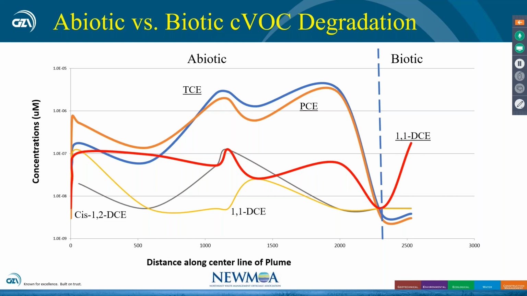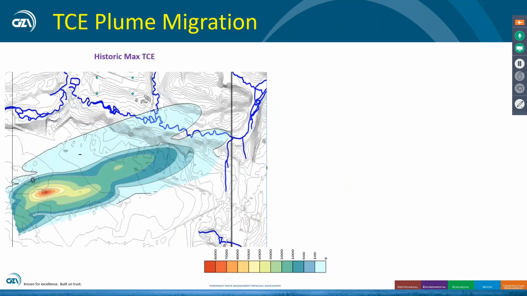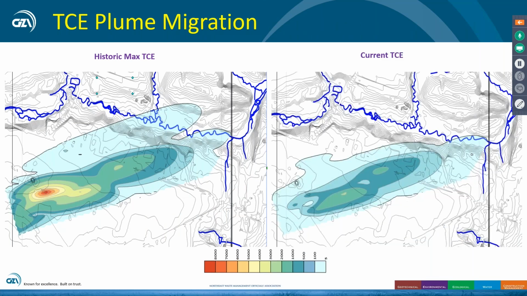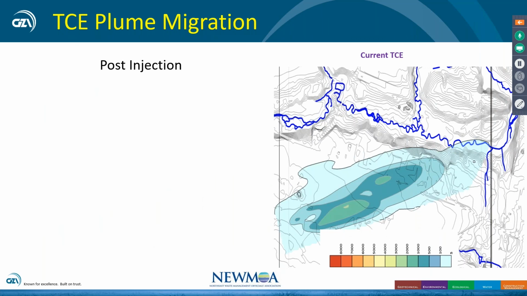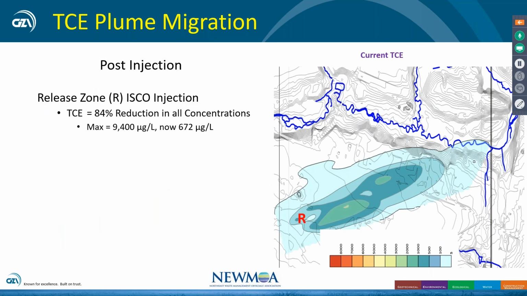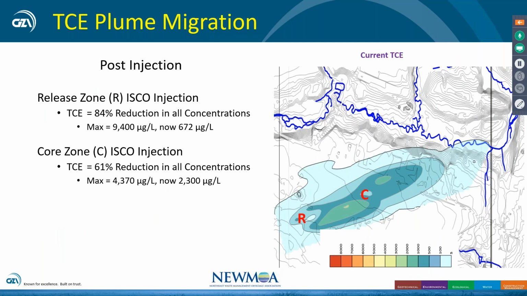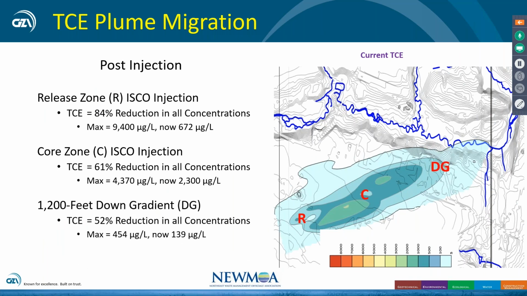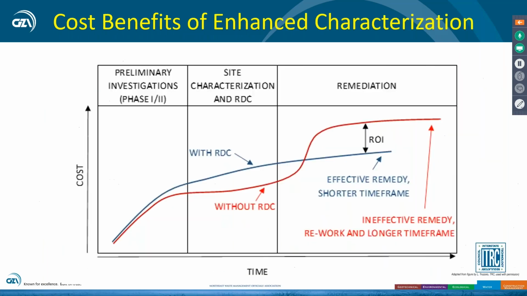And so once you got below, we got biotic degradation. And so on the TCE, what we had was the plume itself having a high concentration, moving to the northeast. Currently, in post-injection, we see similar reductions at the release in the core, and in the downgradient was also a shrinkage of the VOCs.